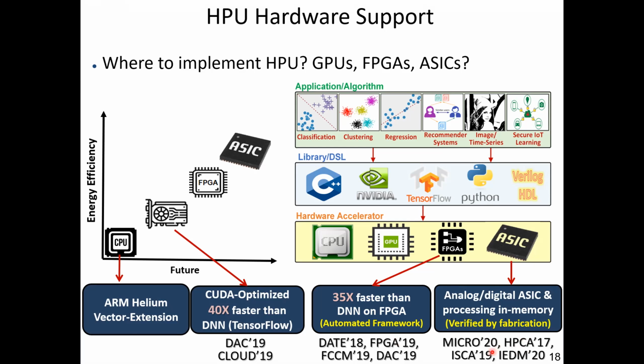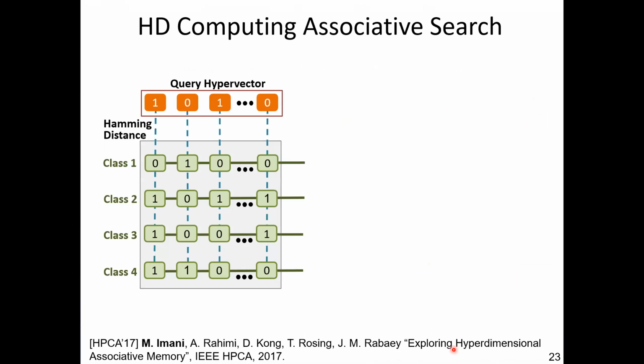We even have a fabricated chip, where we verified the functionality of some basic operations. Our recent work, in MICRO 2020, shows a more general overview of our design in computer architecture venues, and how we can use HD computing to revisit existing algorithms, like unsupervised learning algorithms, to run efficiently in HD space.